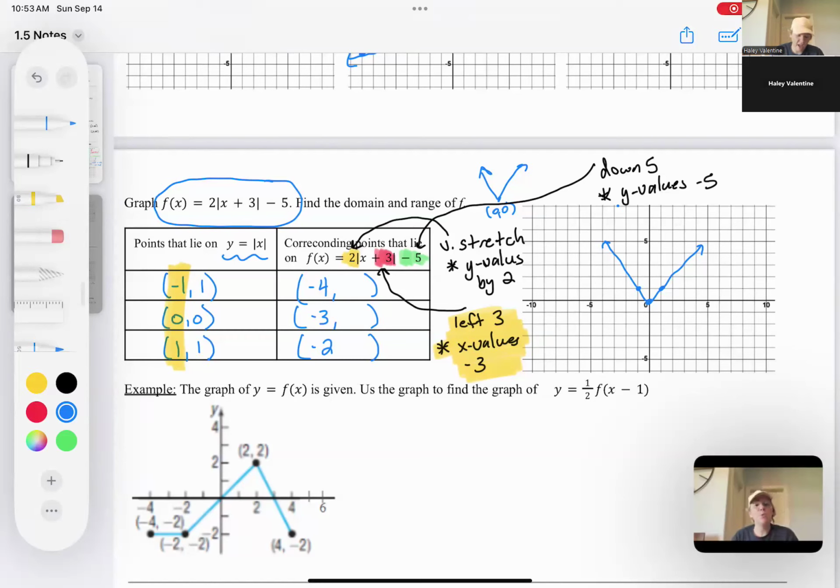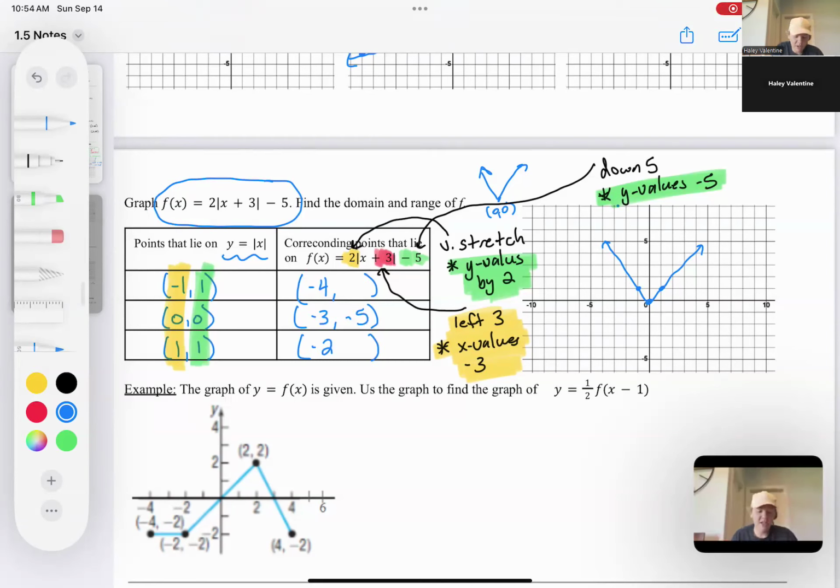But now the y values. Let's look at our y values. The first thing I will do to my y values is multiply it by 2, and then whatever I get, I will subtract 5 from it. So let's start with this 0 point. If I take 0 and multiply it by 2, I get 0, and then when I subtract 5, -5.